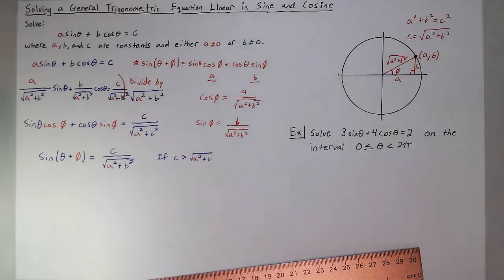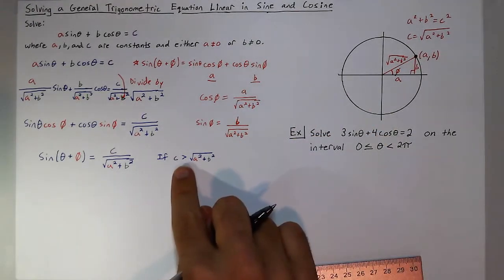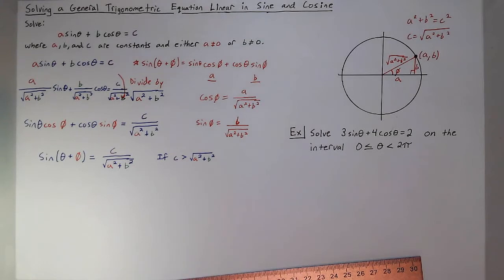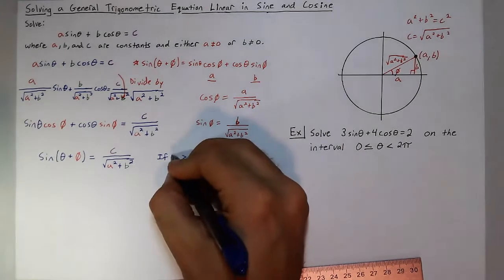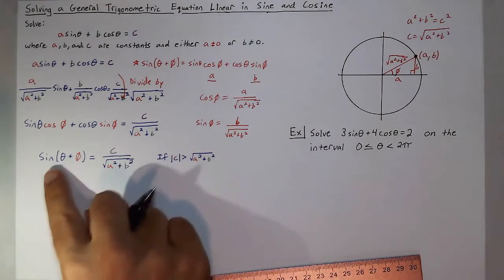And sine can never equal anything greater than 1. And also, if the absolute value of c, for example, is greater, meaning say it's negative 2 over 1, well, it wouldn't equal negative 2 either.